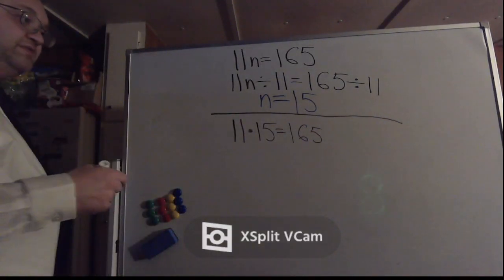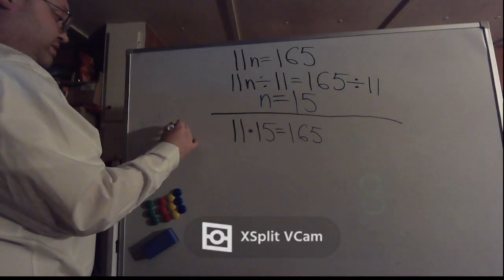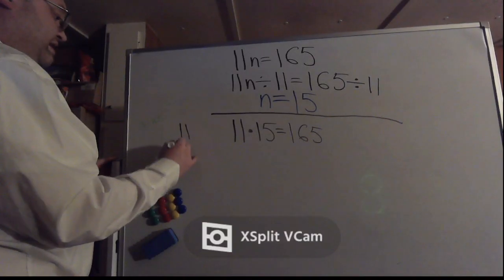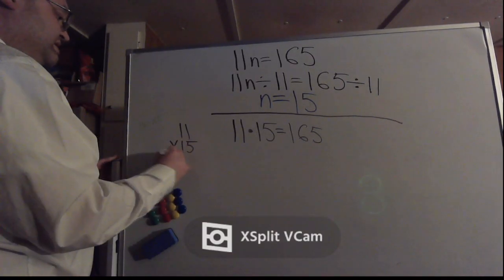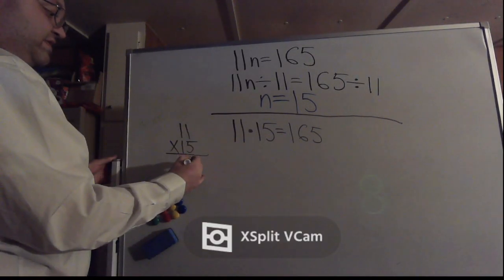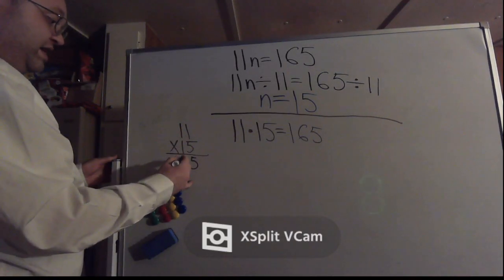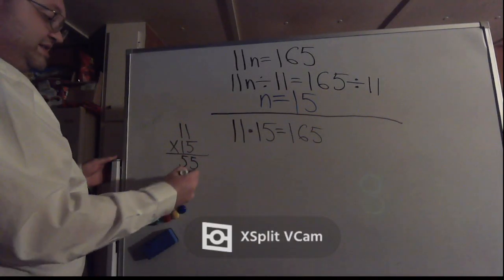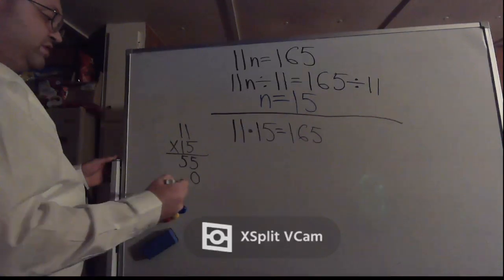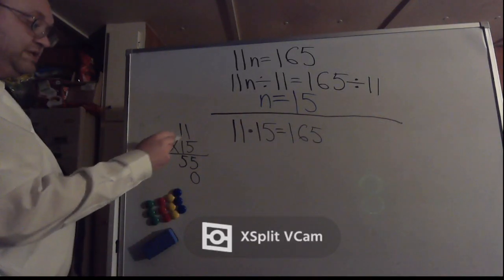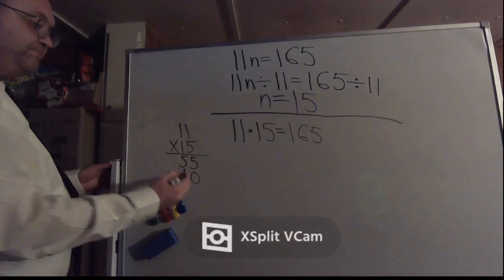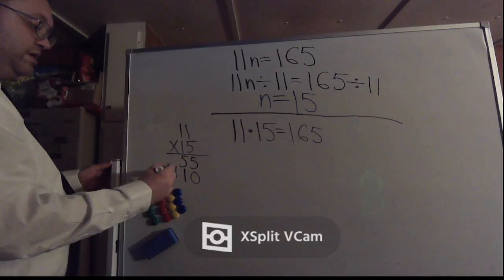Does 11 times 15 equal 165? Well, let's find out. Let's do our multiplication on the side. 1 times 5 is 5. 5 times 1 is 5. Start in the second row, bring down a 0 by default. Now we can do 1 times 1 is 1. 1 times 1 is 1.